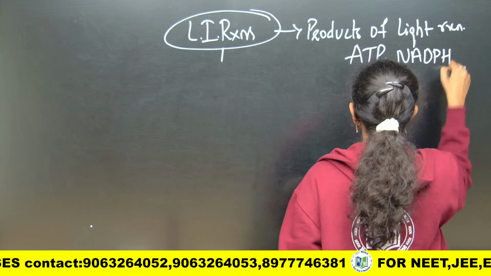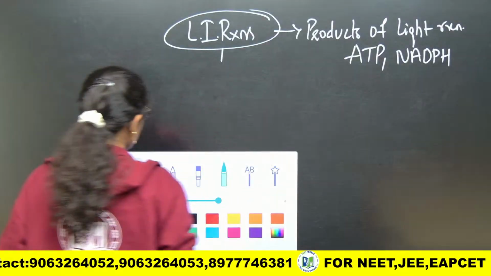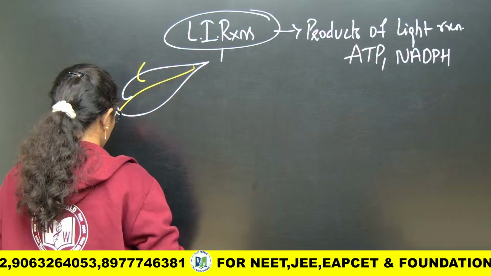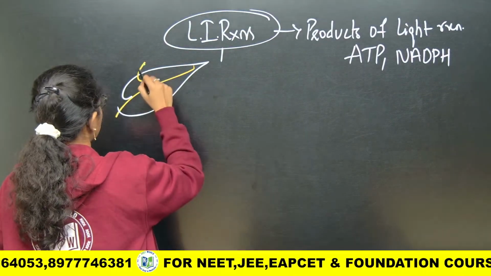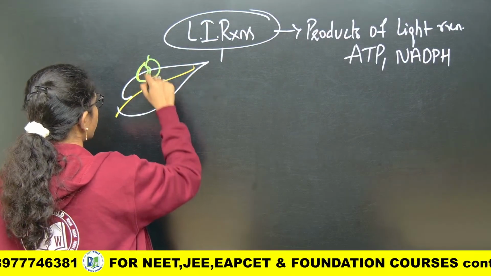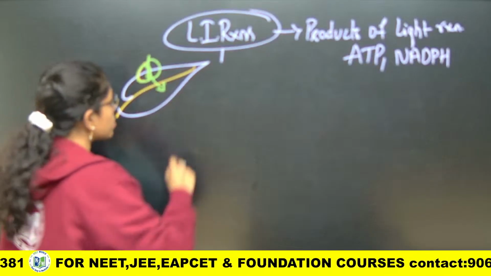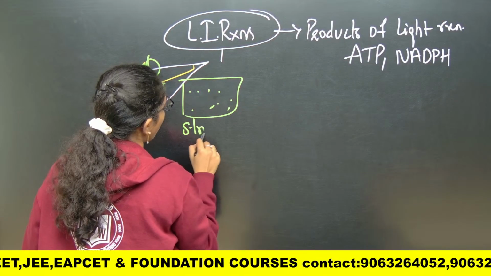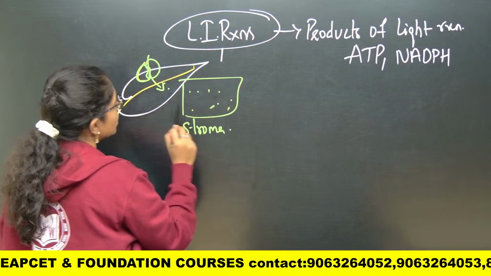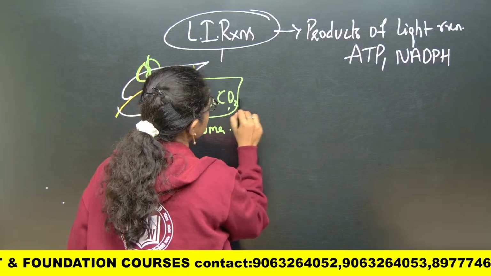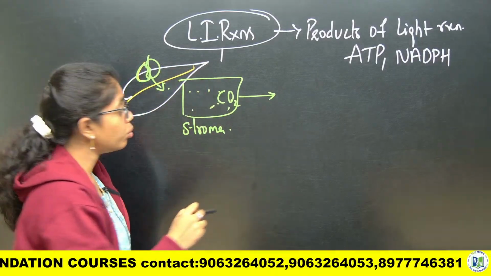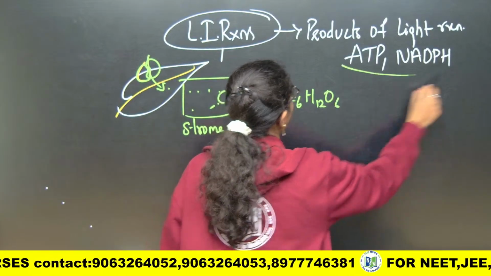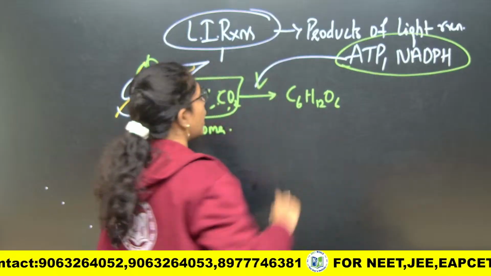So utilizing this ATP and NADPH, carbon dioxide which is accepted through the stomata into the mesophyll cell enters the stroma of the chloroplast. This carbon dioxide is being fixed or reduced to glucose, C6H12O6, by utilizing ATP and NADPH.